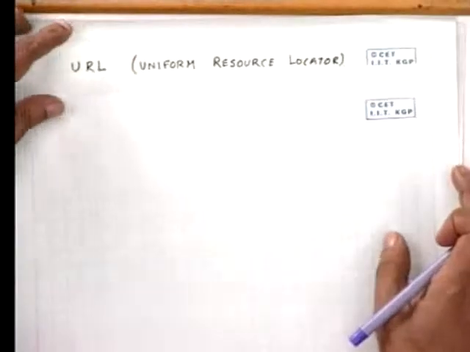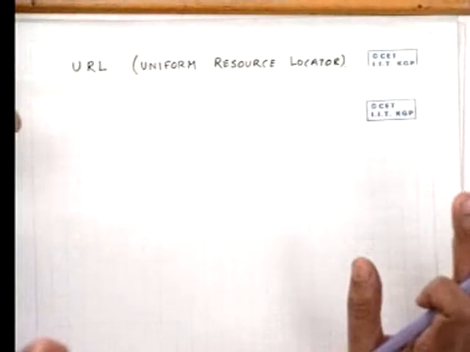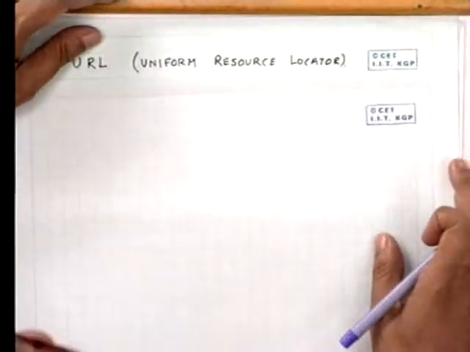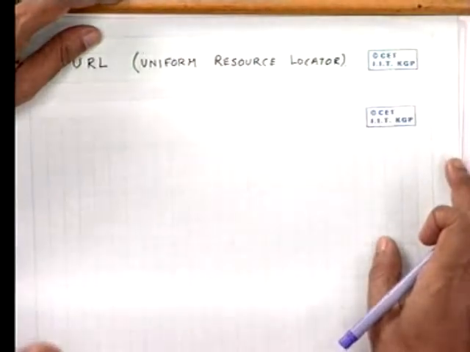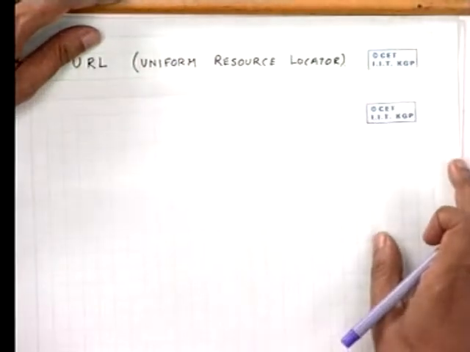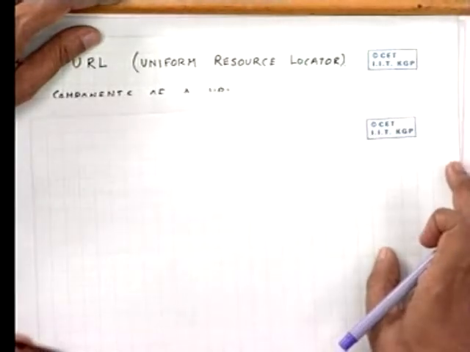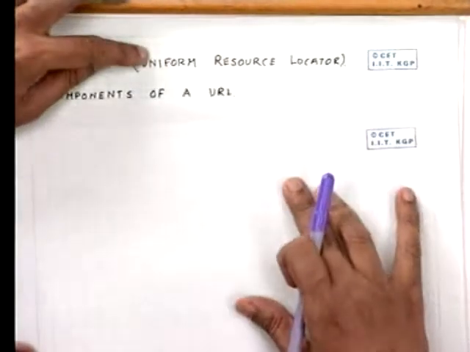This scheme allows us to specify the location of any file wherever it is on the internet, and also the type of protocol being used for locating it.